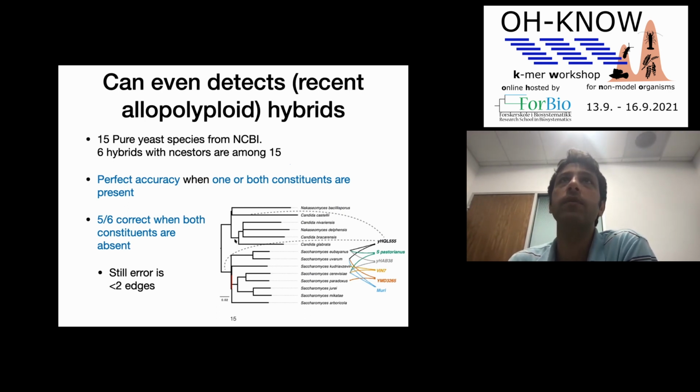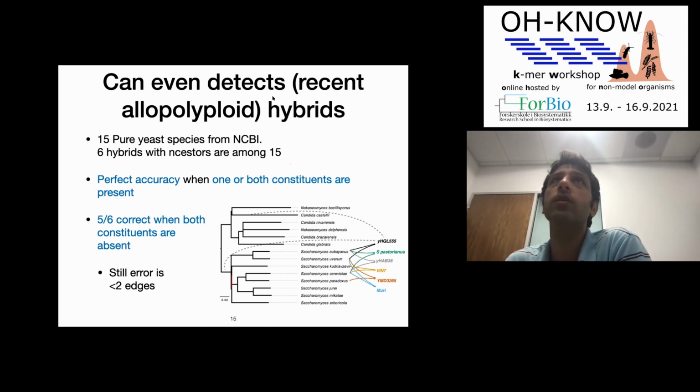So for example, if you had a hybrid between this node over there and this node over here, we haven't tested under those conditions, and I wouldn't be surprised if MISA fails to be accurate in those cases. But maybe it's fine. We just haven't tested it.